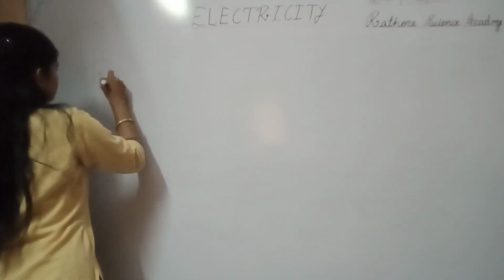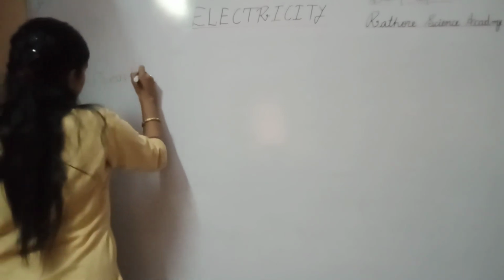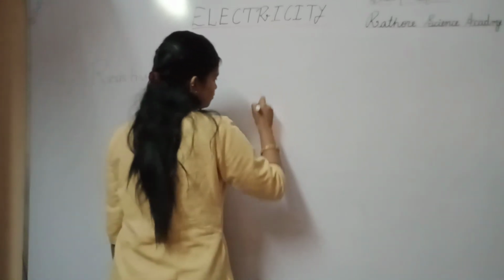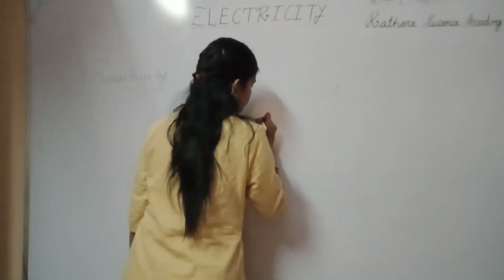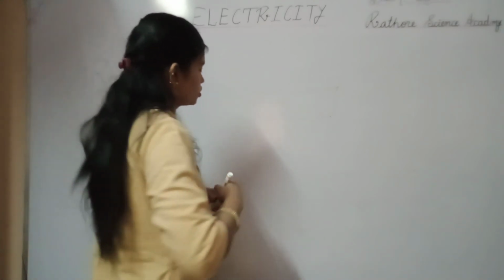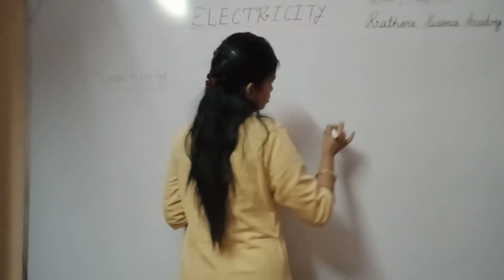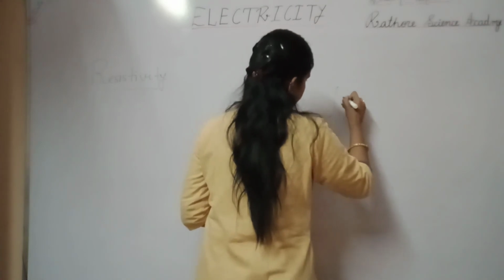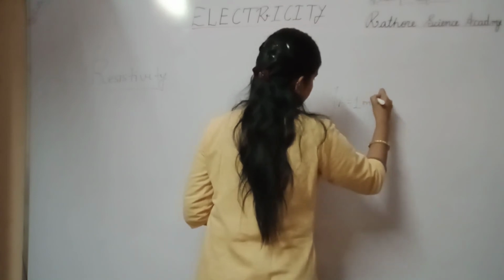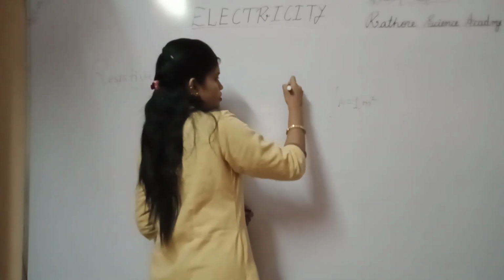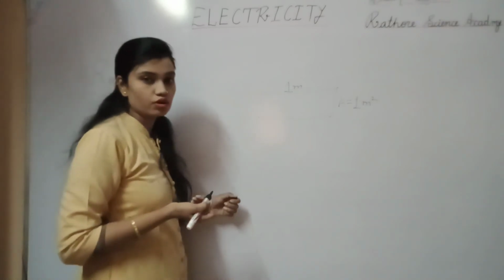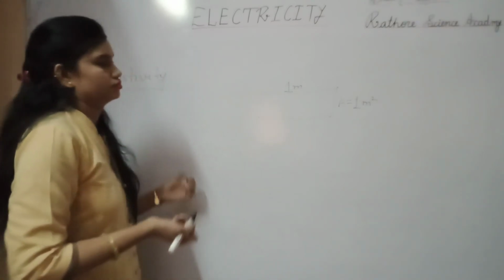See, suppose I have a conductor whose area of cross section is 1 meter square, and the length of the wire is 1 meter. Then what will the resistance of this conductor be? We'll solve it out.